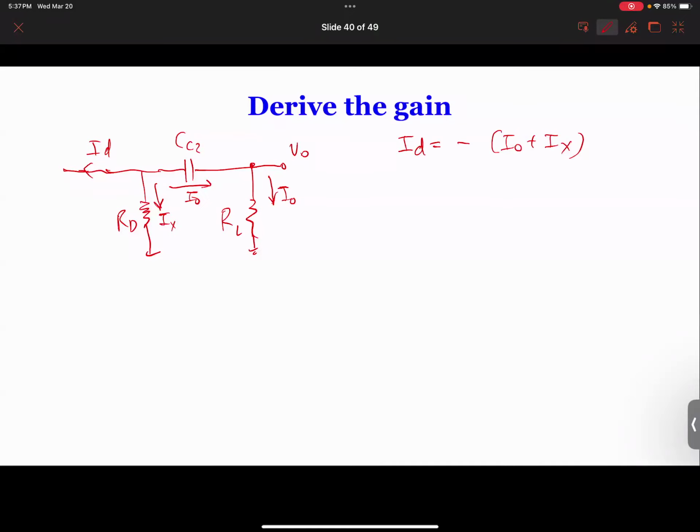So which means our IO is really just a current divider. For the current divider, because the direction is different, you see, one is coming out, one is coming out, so you have to have a negative sign.